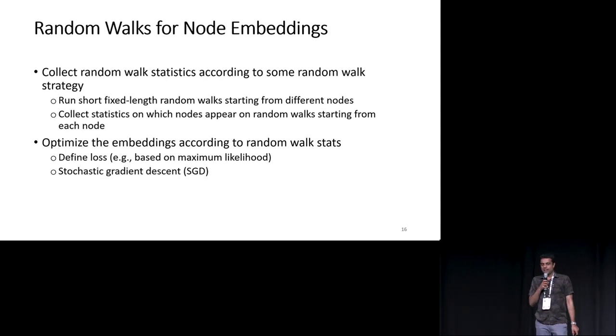So the basic idea is that you sample some random walks starting at different nodes, and you collect random walk statistics and figure out which nodes tend to appear on random walks starting from different nodes. And then you optimize these embeddings by defining some kind of loss function that you can use SGD on. Okay, that's the basic overview.